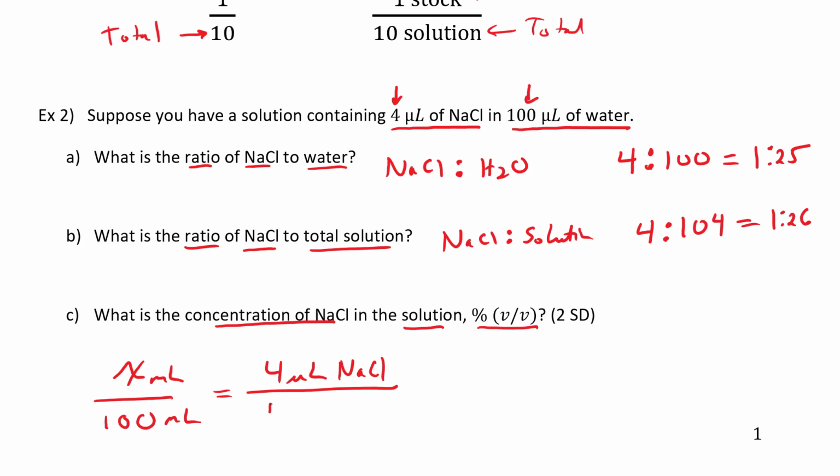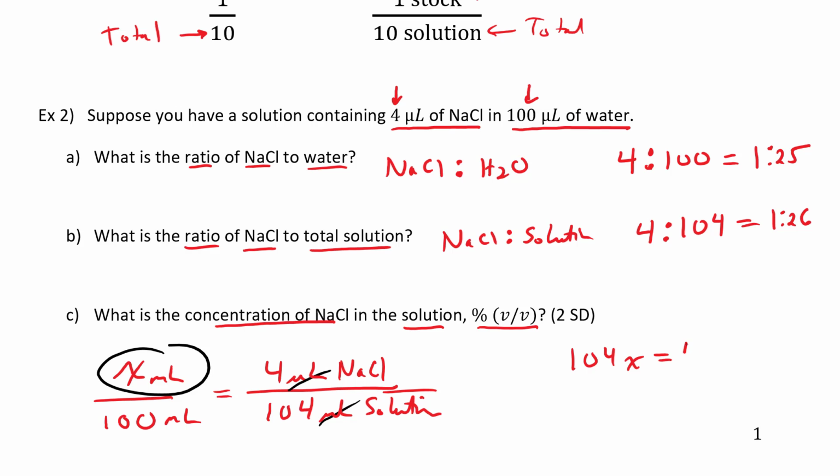And on the bottom, I have my total solution. Microliters cancel microliters. Notice here our final answer will be in milliliters. We can cross multiply. Divide both sides by 104 to isolate x on its own.